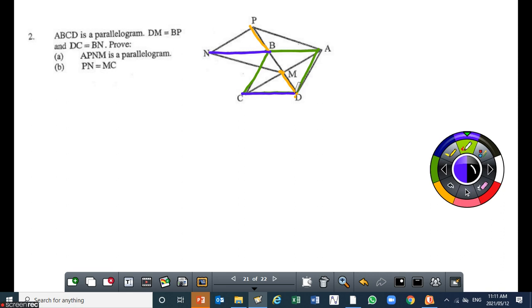If you're asked to prove that a quadrilateral is a parallelogram, the first thing that comes into your mind must be the properties of the parallelogram. Which of the properties are obeyed by that shape? So you can start doing elimination of the properties.